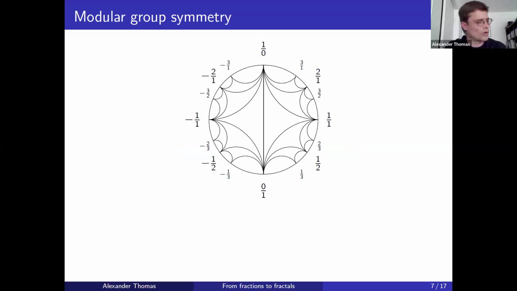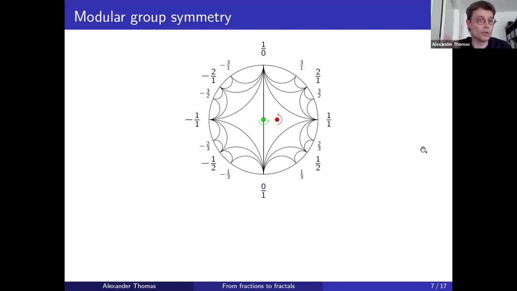Now you might wonder what the symmetries of this picture are. There's actually a lot of symmetry. For example, you see that it's symmetric with respect to the midpoint. Let's take a rotation by an angle of pi. But you also have another symmetry, around this red dot, which is the midpoint of this triangle.